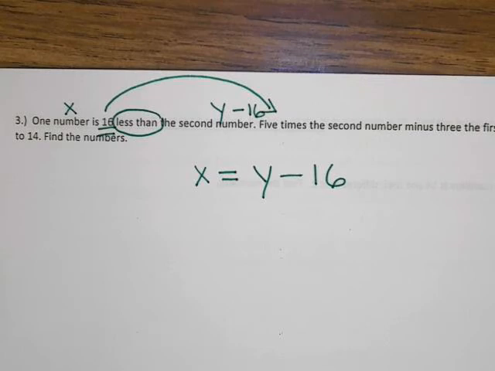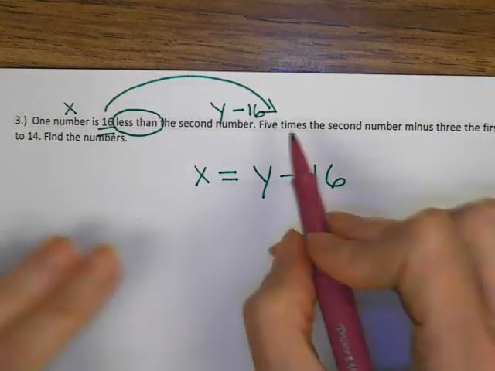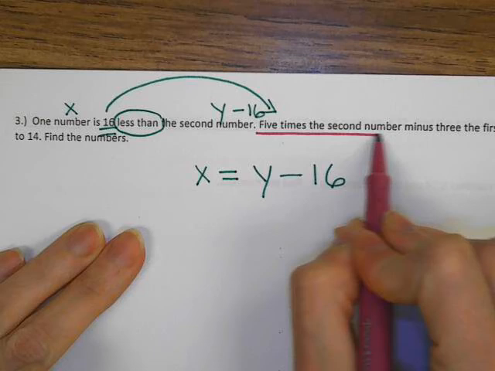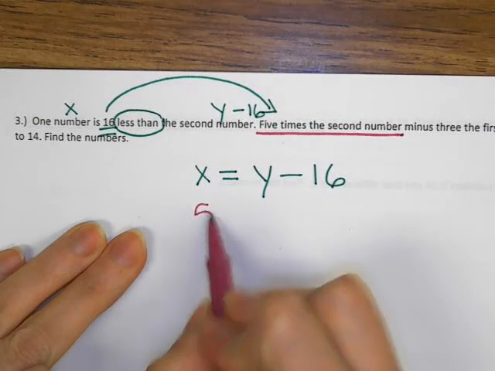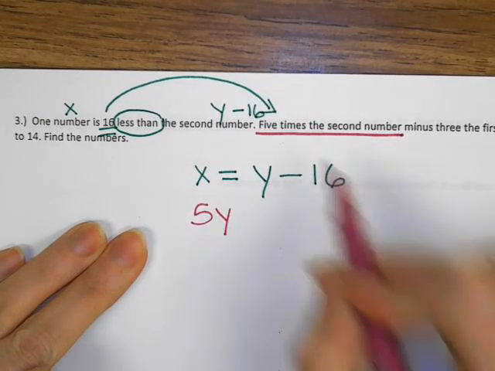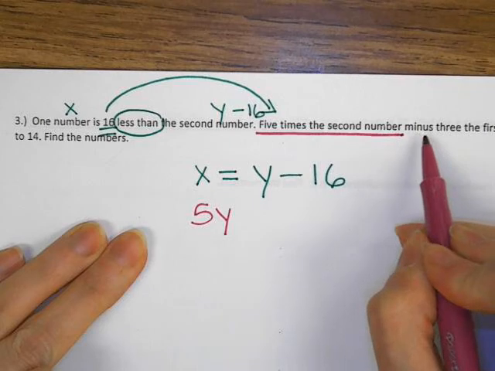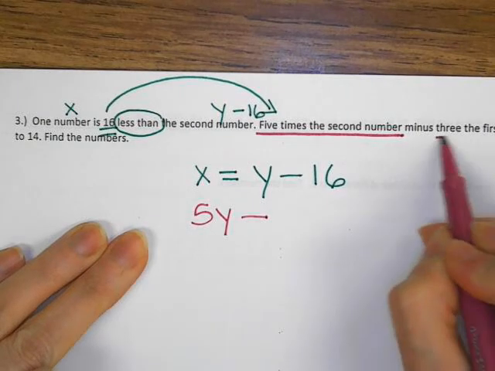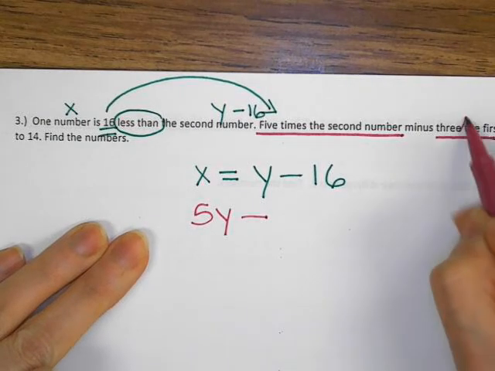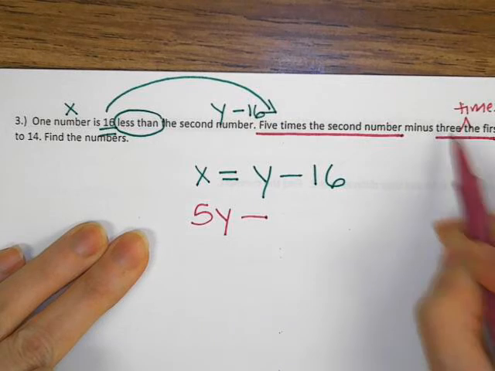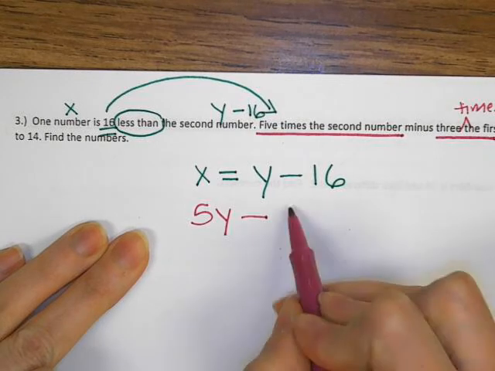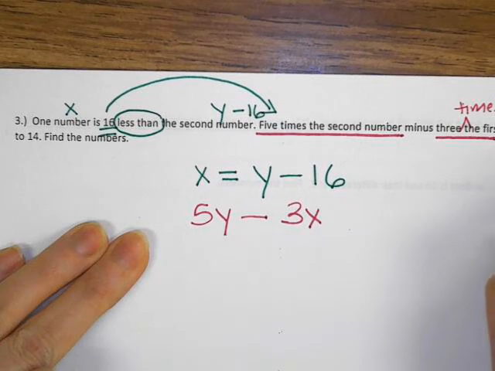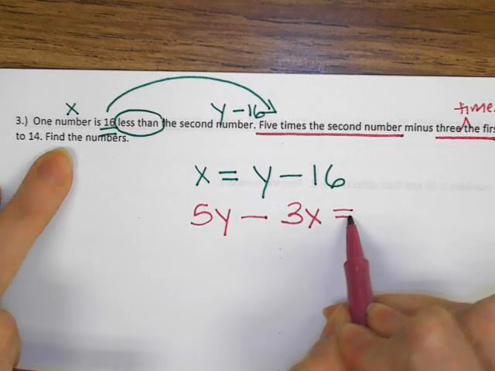All right, second one. 5 times the second number. So that would be 5y. 5 times the second number minus 3 times, sorry, typo here, 3 times the first number, so 3x, is equal to 14.